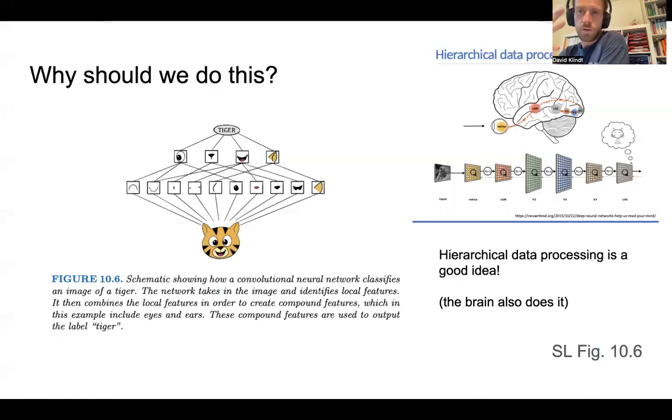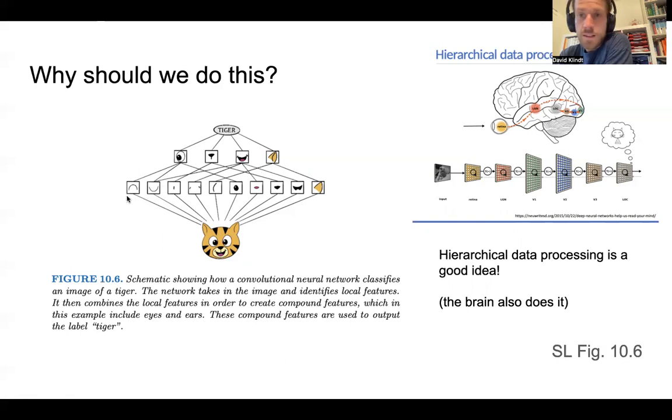First, another motivation for why we should do this. If you think of an image, and this is another picture taken from the Statistical Learning book, like this image of a tiger, there are low-level features, like for instance this upward curve, that appear at different positions, like here at the mouth, or here at the bottom of the eyes, maybe, or the chin.